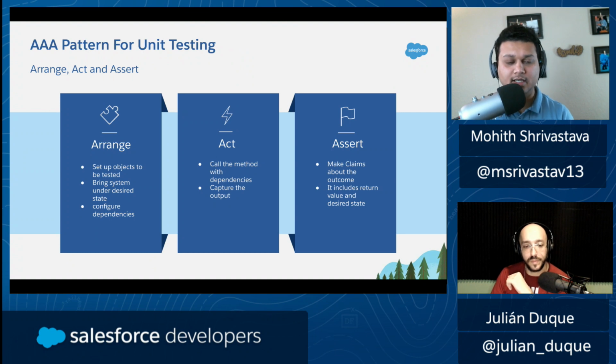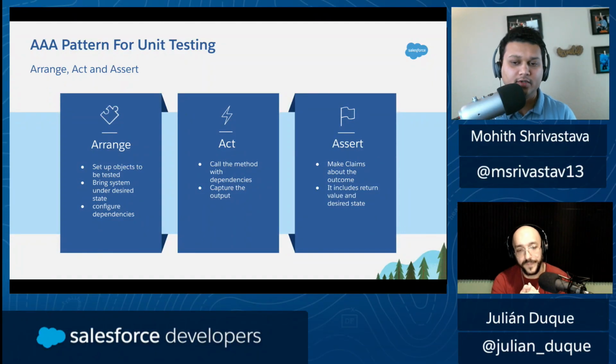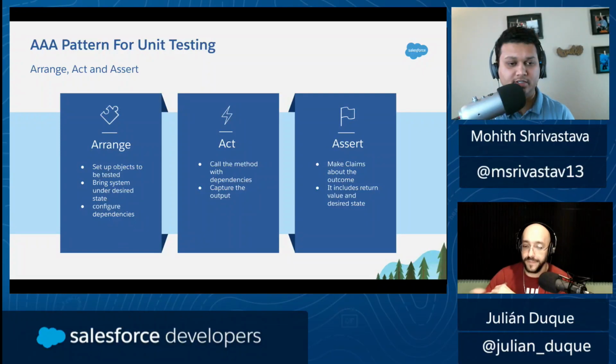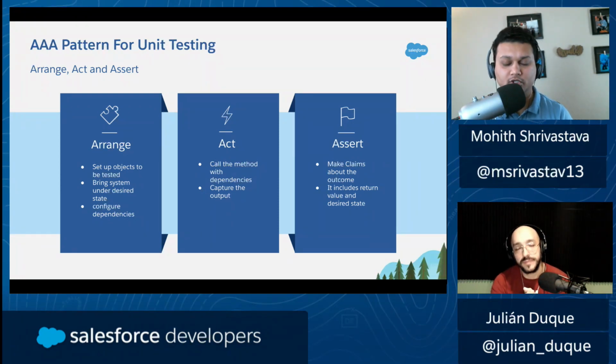So, Julian, last time, for testing with Jest, we followed a pattern that a lot of test frameworks follow, and it makes it really easy to write and organize your tests. It's called the AAA pattern, where you arrange, act, and assert. In arrange, you set up objects, bring your system to the desired state, and configure all the required dependencies. Then you act: you call the method with the dependency and capture the output.